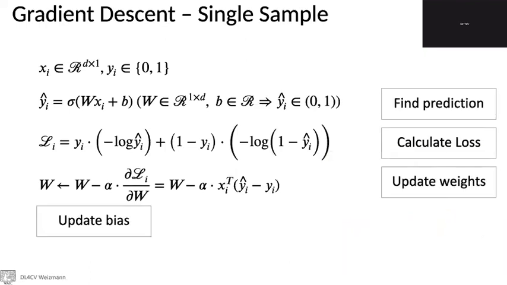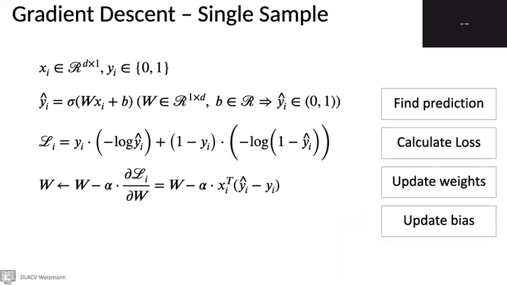Similarly, we're going to update the bias. I didn't go over the derivation of the specific loss. I'm not sure, but you can go over that yourself at home. It's basically just derivation and calculus. But as you can see, both of the gradients are pretty simple and easy to compute.